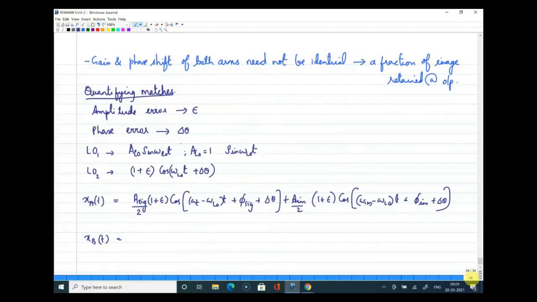Yes, sir. I think that will not make much difference in our case now. Let me put it as plus only here, and let me see how it will affect our further analysis. Like always, I put the phase change as plus delta theta itself.